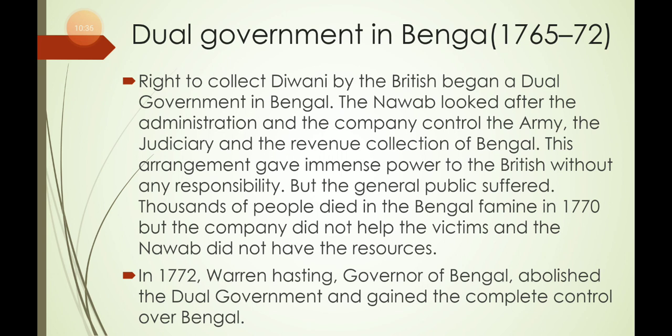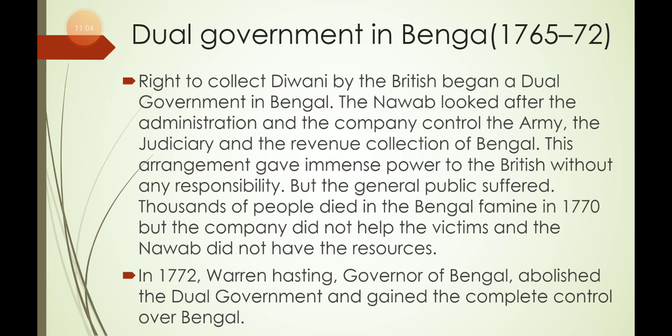The Nawab looked after the administration and the company controlled the army, the judiciary and the revenue collection. Means the main departments, the army, judiciary and the revenue department remained in the hand of the British East India Company, and only the administration was kept in the hand of the Nawab. This is the dual government.